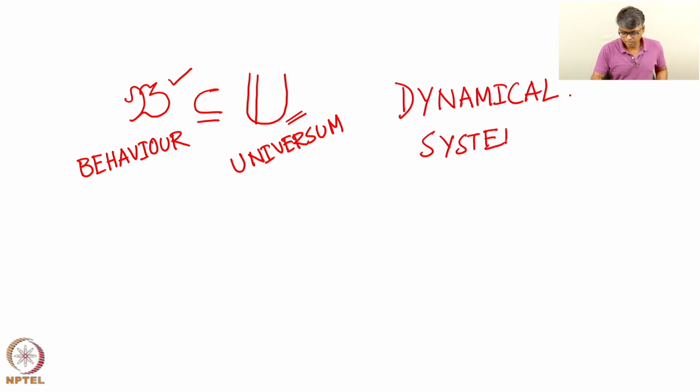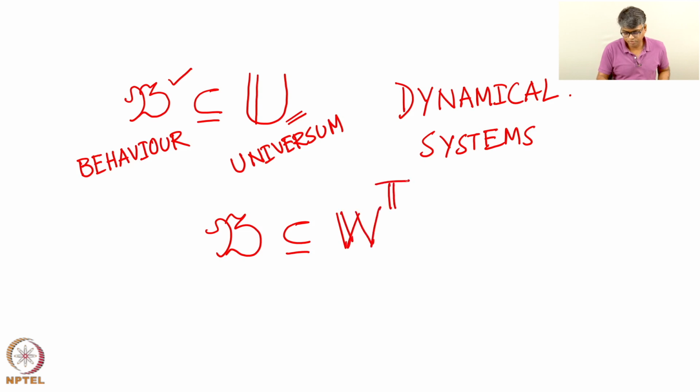So it turns out that the behavior will always be a subset of this set of all possible trajectories, all possible functions, right. So this T is called the indexing set, W is called the signal space, and B as usual is the behavior.